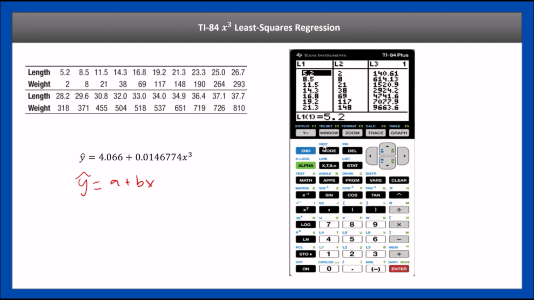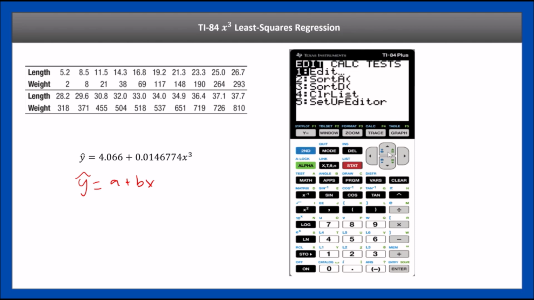So first we've got to check our list. We have our cubic list, L1, L2, L3. We're going to go to stat, and we're going to go linear regression, change the x list to L3. And then we're going to go down to calculate, and there it is. Our A and our B.